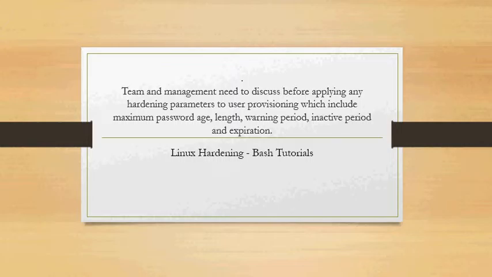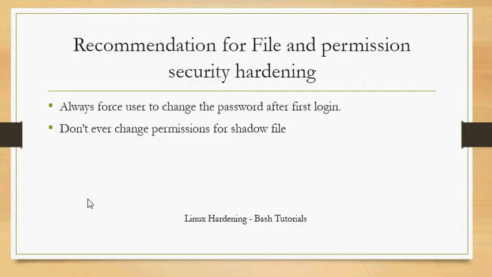By default, if you go into /etc/login.defs, you will get all these parameters, but you need to decide how much password age I need to set, what the length is, whether it should be a complex or a simple password, what the warning period is before the user is told that your password is going to expire, then the inactive period, and then what the expiration is after the inactive period.